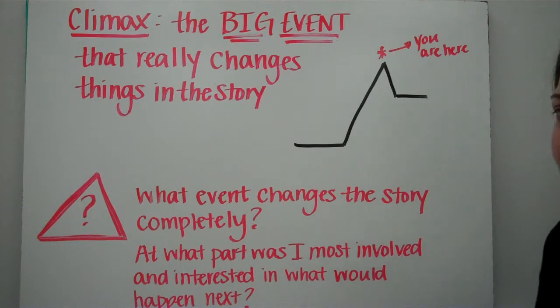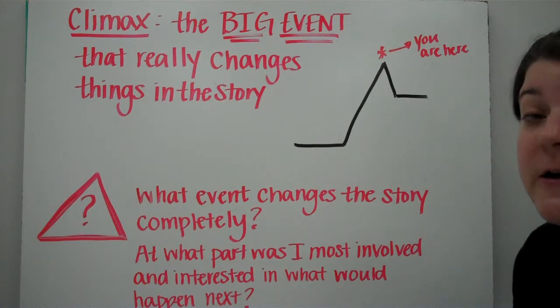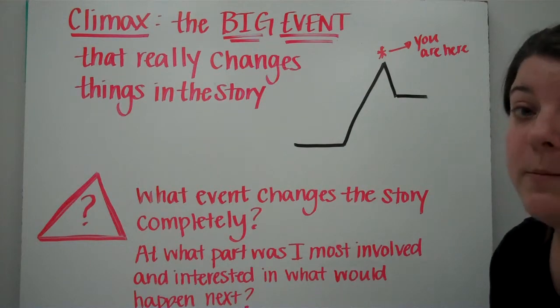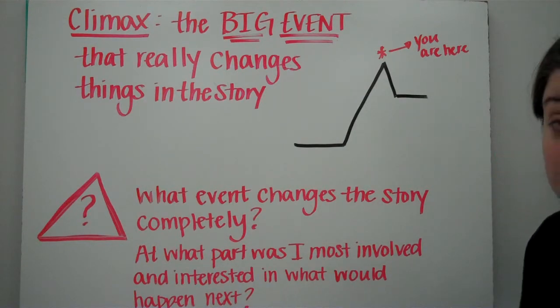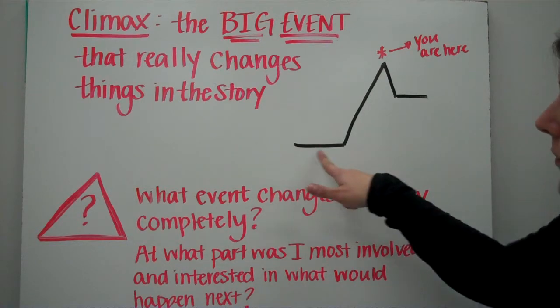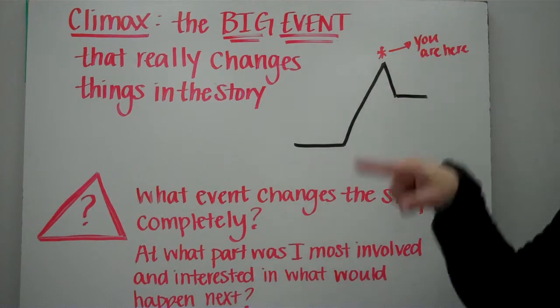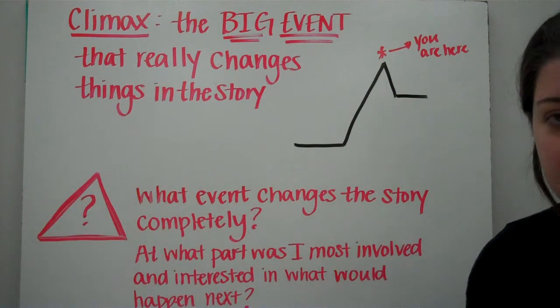Also, at what part was I the most involved and interested in what was going to happen next? The climax is going to be the part where you as the reader are the most involved, you are the most interested. Now, on the mountain, you've already walked to it, you've already done that strenuous climb up it. This is your mountaintop. From here you can see everything.